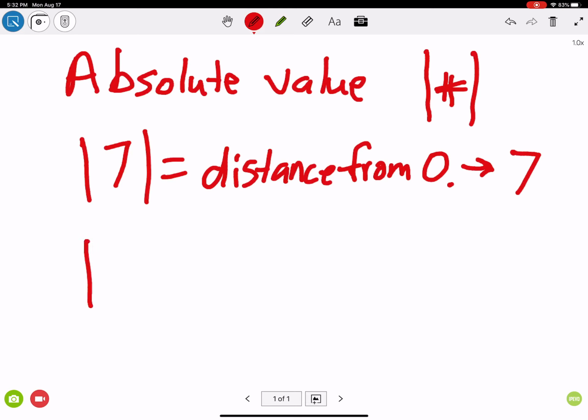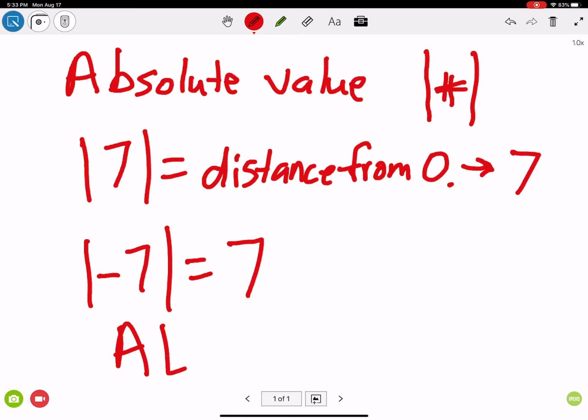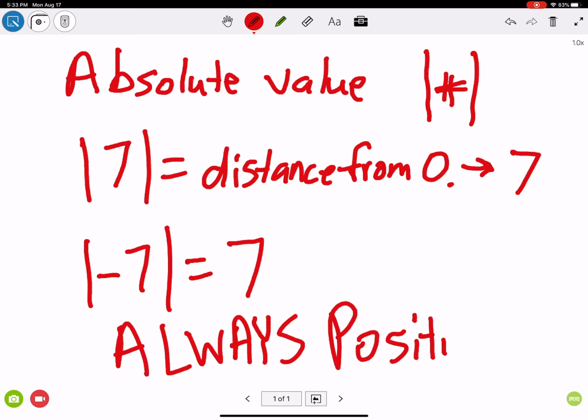Well, let's look at the absolute value of -7. How far away is -7 from 0? Well, it's 7 spaces. So the absolute value of something is always positive. It's always positive because we can't have a negative distance.